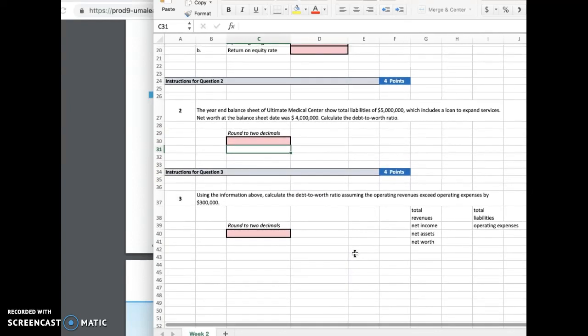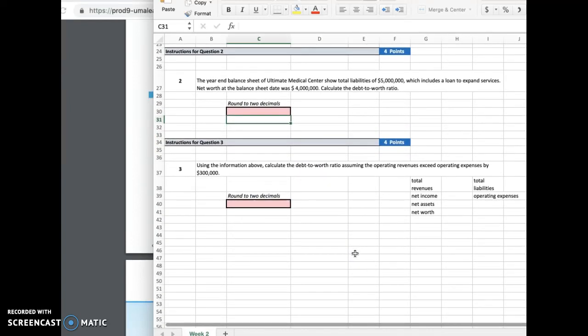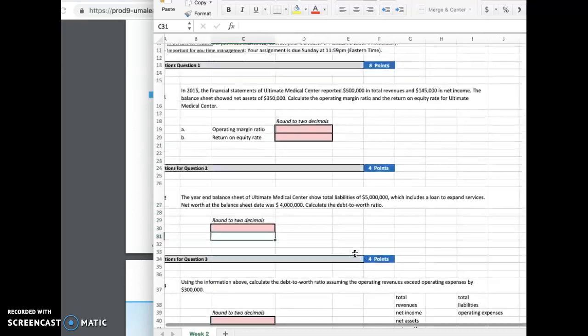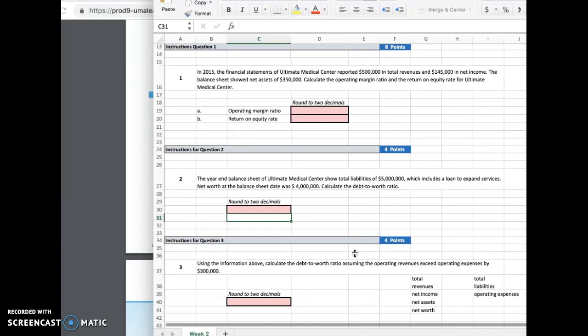Then the next question is a tricky one, so I wanted to go through because a lot of students miss this one. What you're doing is you're calculating a ratio, and you're using everything that they are giving you in all 3 of these problems to help you calculate it.